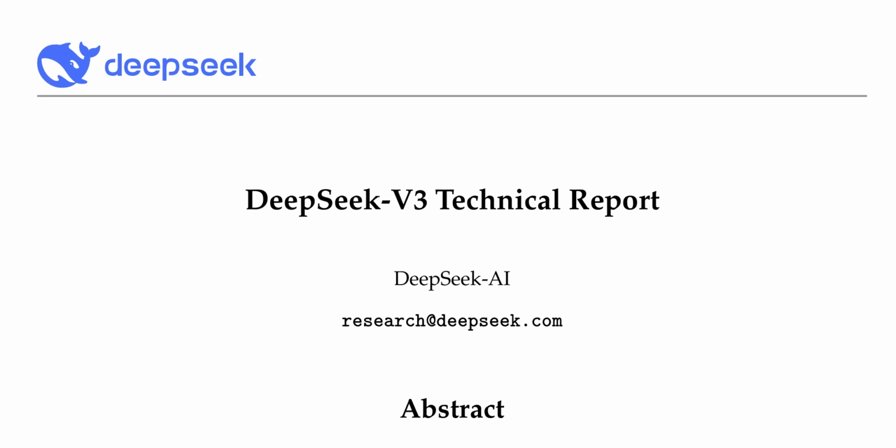Slightly different from DeepSeek v2, DeepSeek v3 uses the sigmoid function to compute the affinity scores and applies a normalization among all selected affinity scores to produce the gating values.